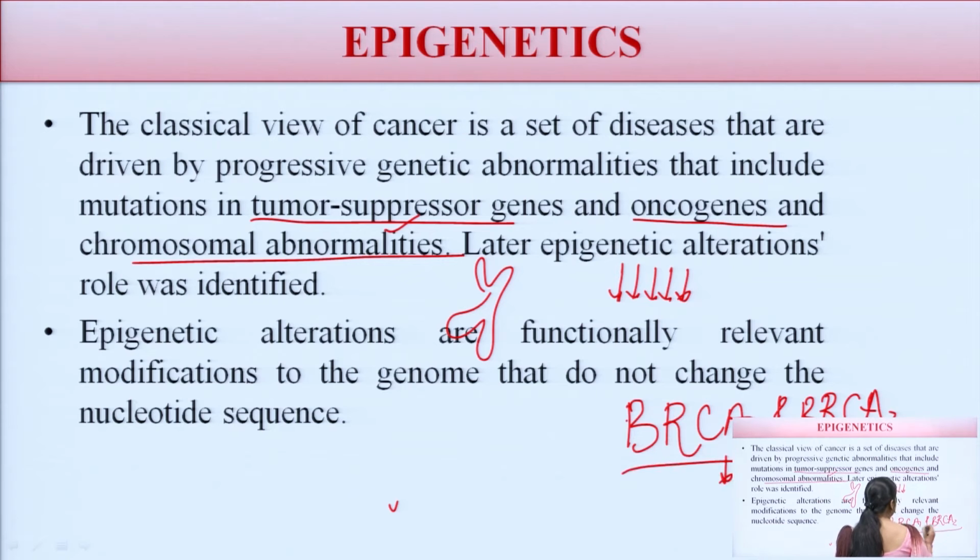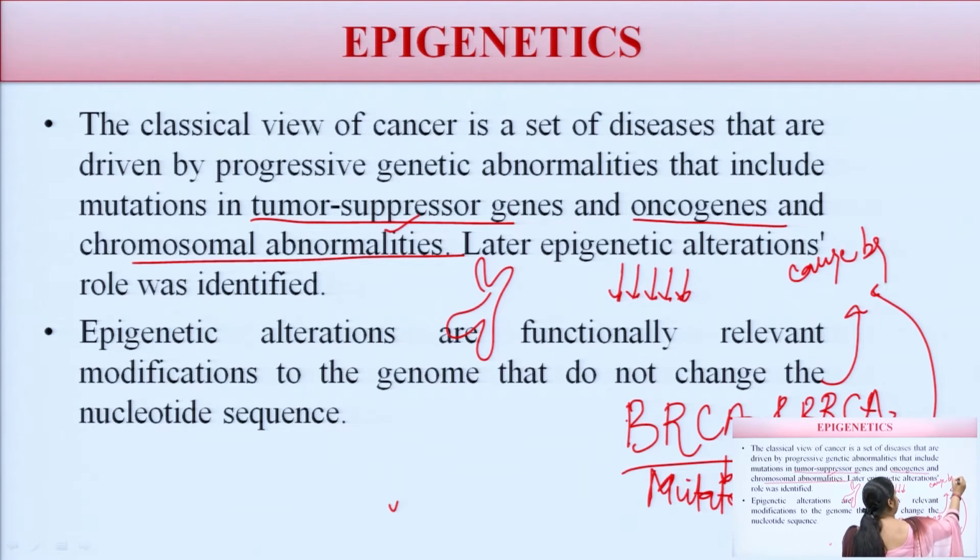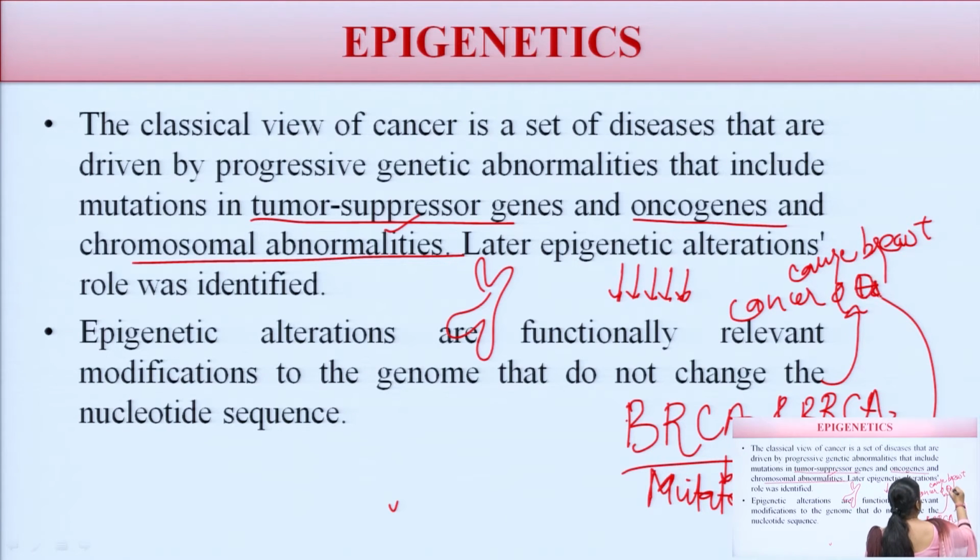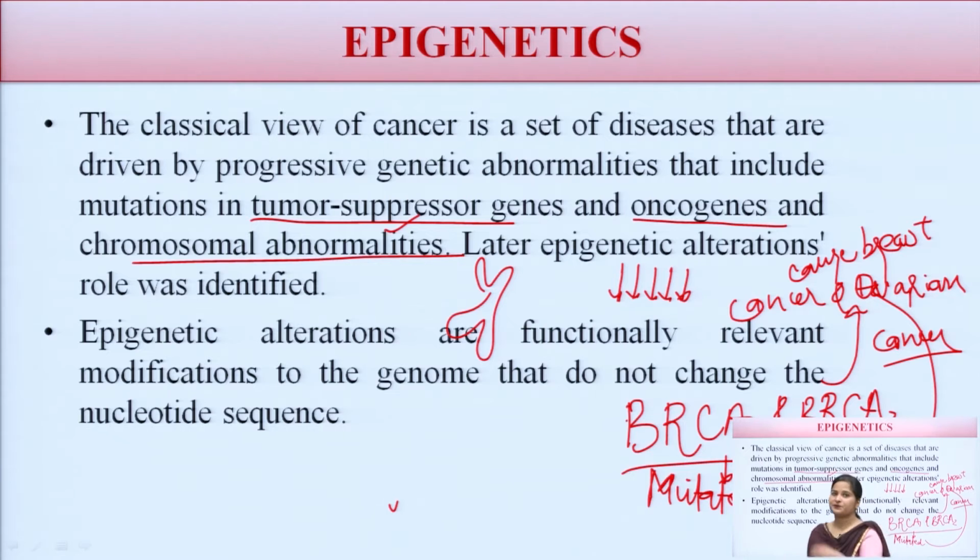When these genes mutate, they will cause breast cancer and ovarian cancer, right. There are various genetic disorders, and these are two examples.